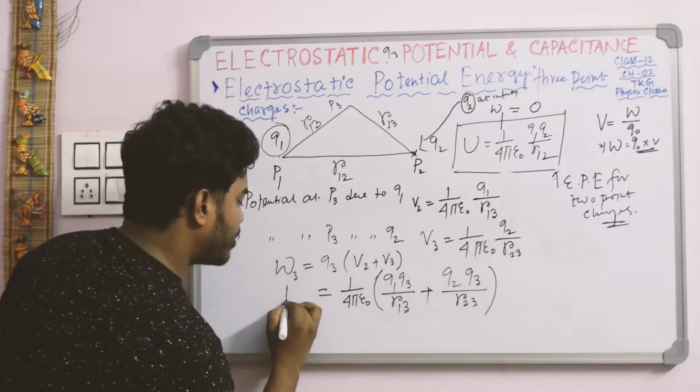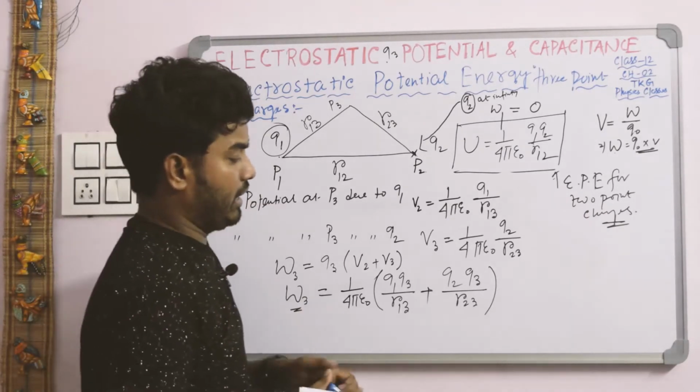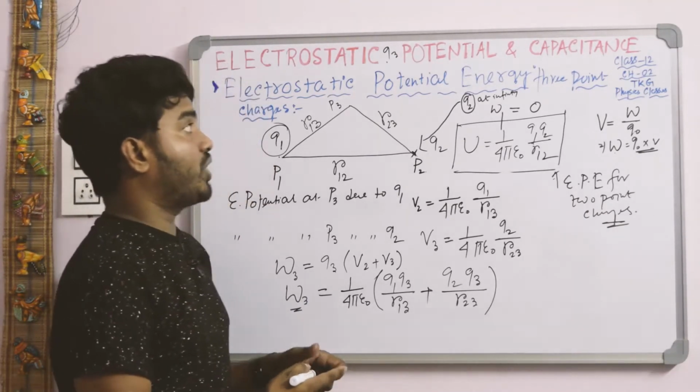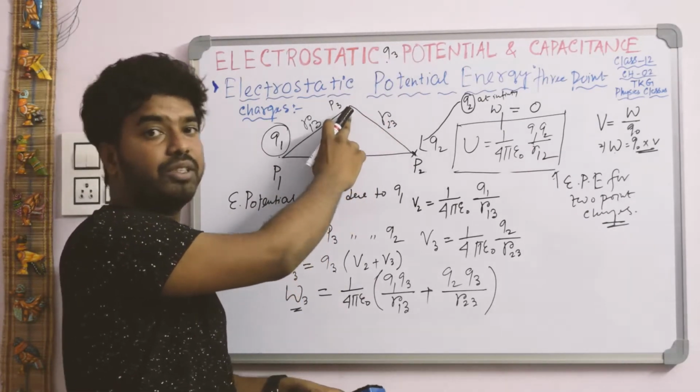So this is the value of the amount of work done in bringing a charge Q3 from infinity to point P3.